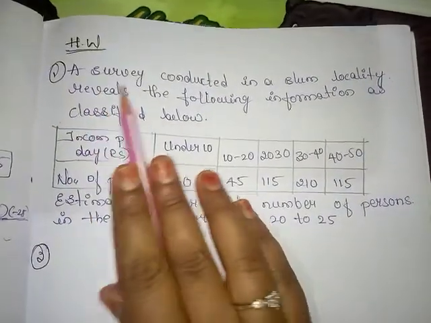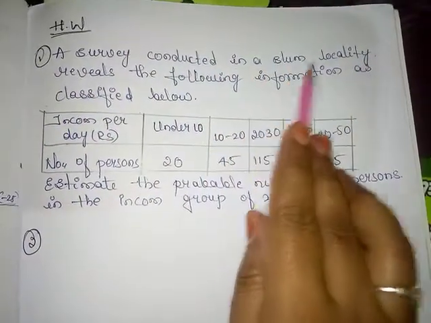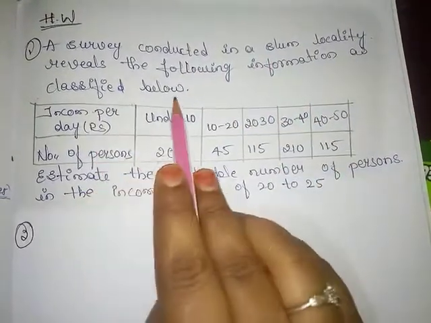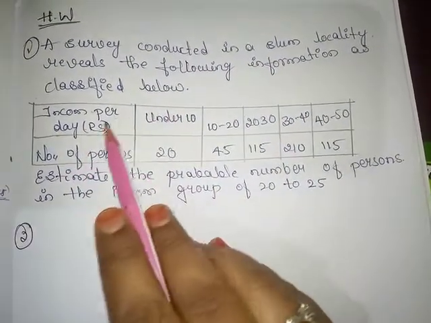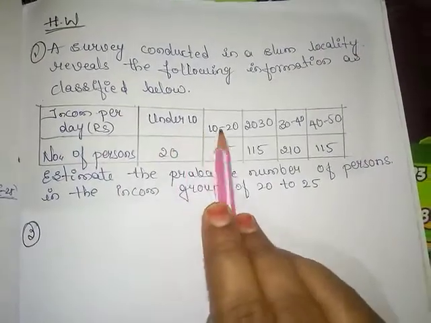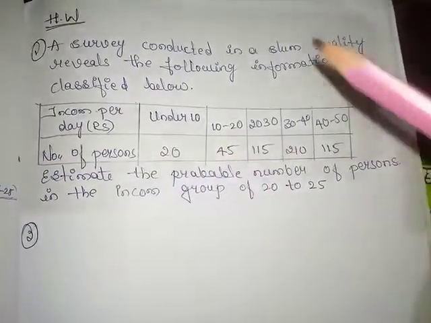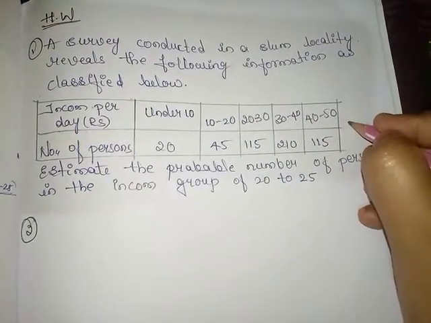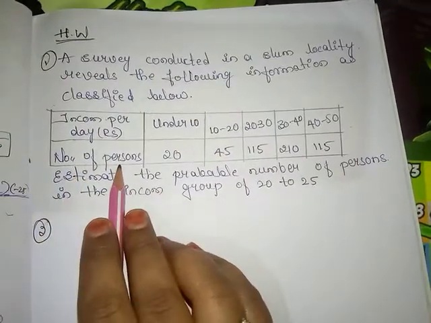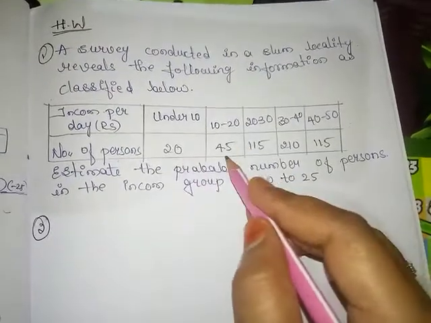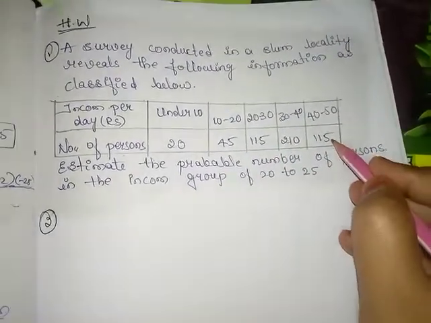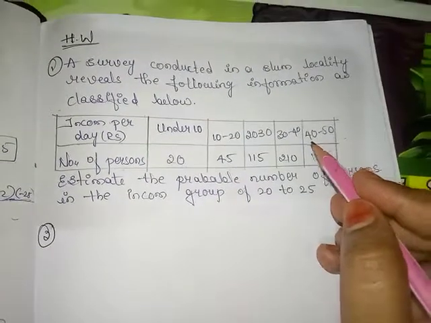First one, a survey conducted in a slum locality reveals the following information as classified below. Income per day: under 10, 10 to 20, 20 to 30, 30 to 40, 40 to 50, and number of persons 20, 25, 115, 210 and 115.